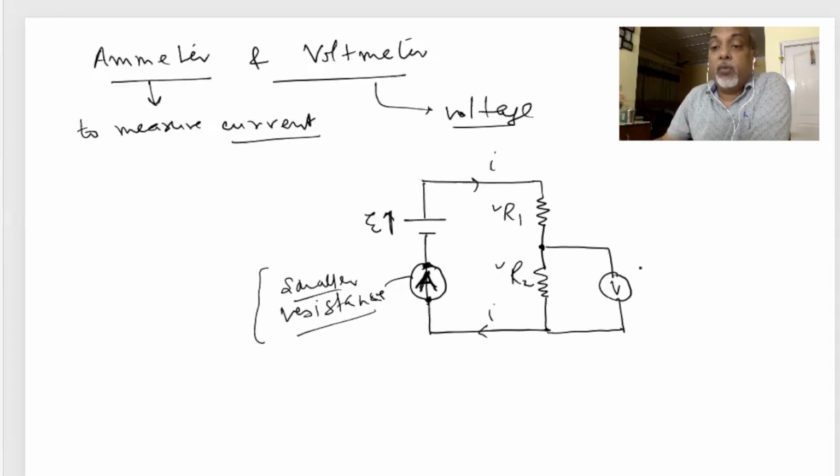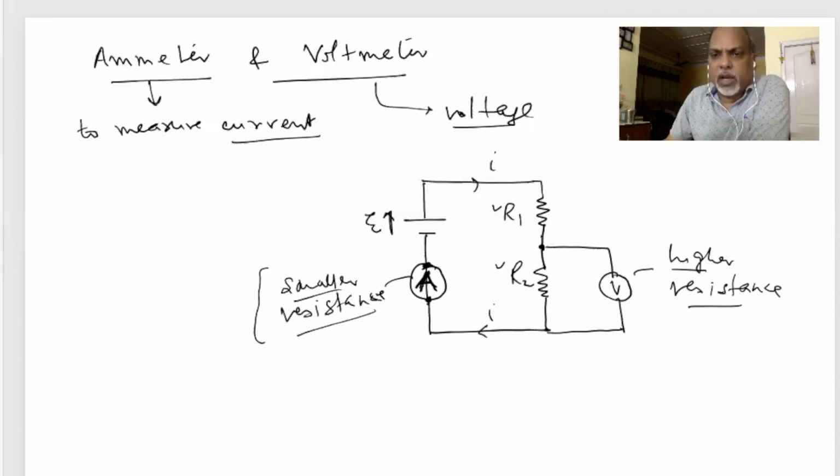But in case of voltmeter, since it is connected in parallel, it should have higher resistance. Higher in comparison to R2.